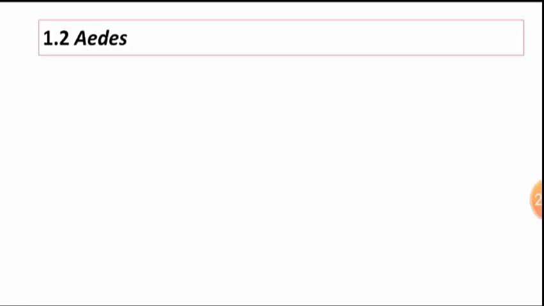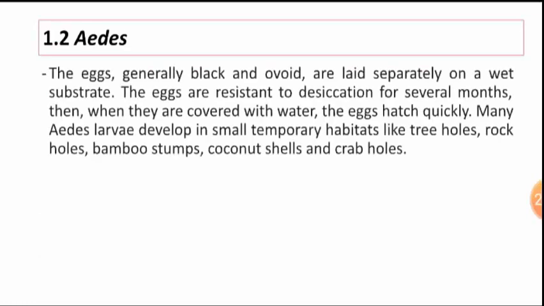Let's talk about Aedes species. The eggs, generally black and ovoid, are laid separately on a wet substrate. The eggs are resistant to desiccation for several months. Then when they are covered with water, the eggs hatch quickly. Many larvae develop in small temporary habitats like tree holes and crab holes.